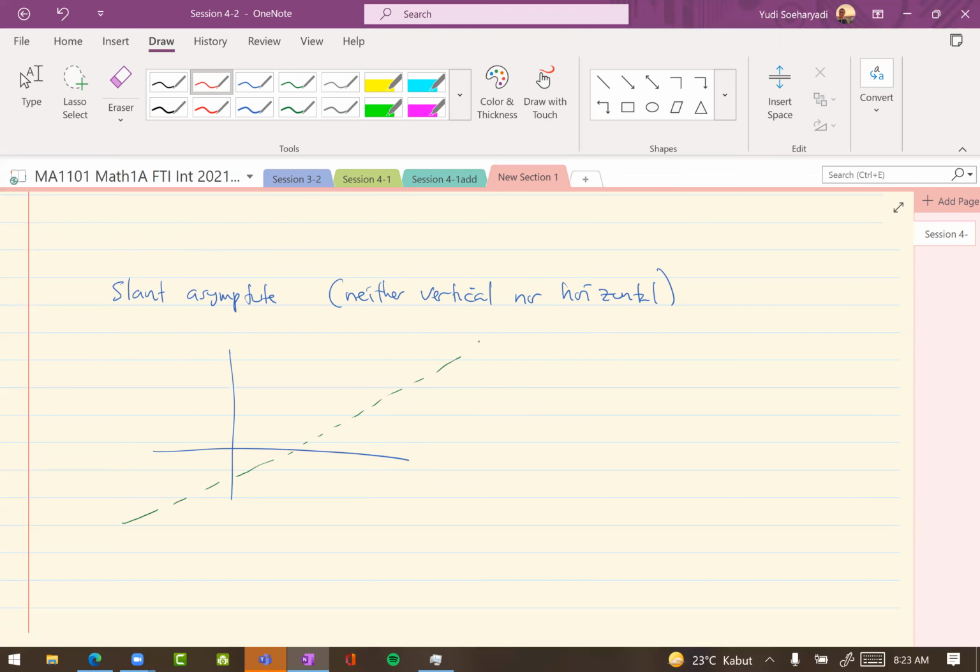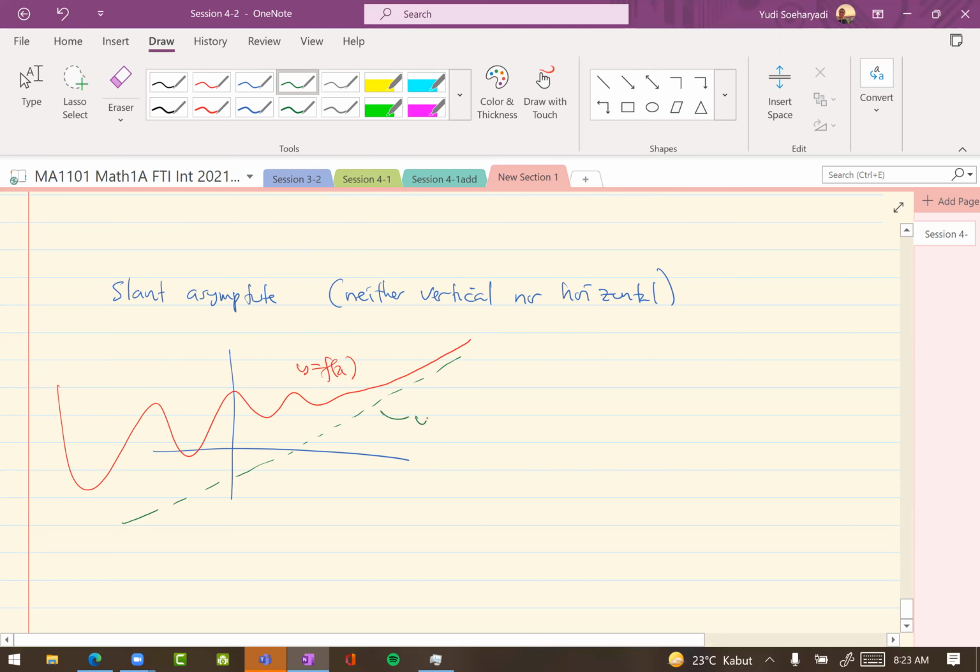So the picture looks like that. Okay. So going far to the right, for example, this one is y equals mx plus b.